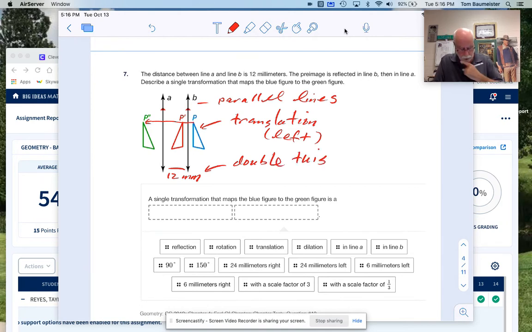So what did I just tell you? The single transformation is a translation. And we went 24 millimeters. And we went left. Okay.